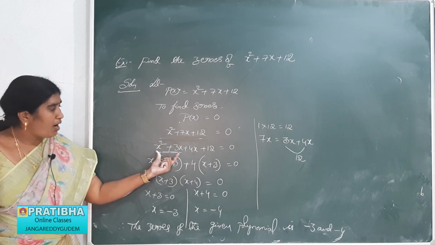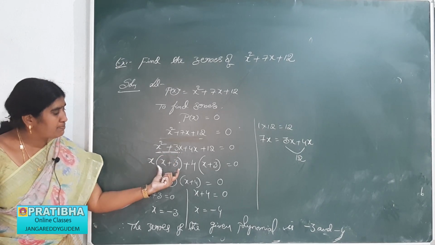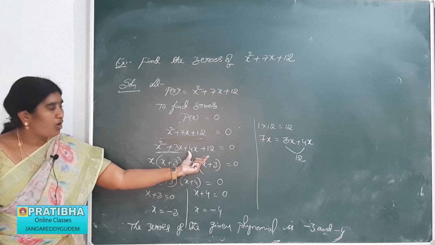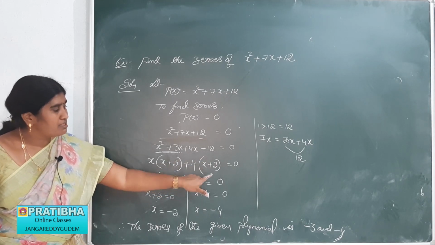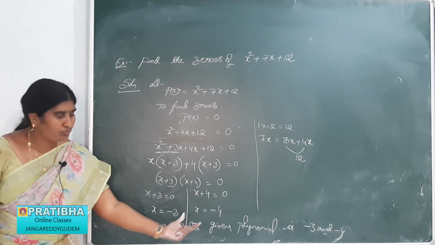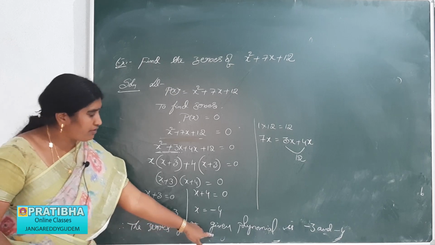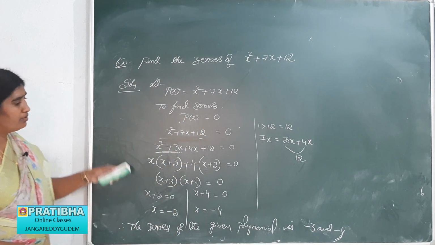X is common in the first two terms. Taking x common, x plus 3. Next, 4 is common in the next two terms. Taking 4 common, 4 into x plus 3. So x plus 3 equal to 0, x plus 4 equal to 0. Therefore, the zeros of the given polynomial are minus 3 and minus 4.